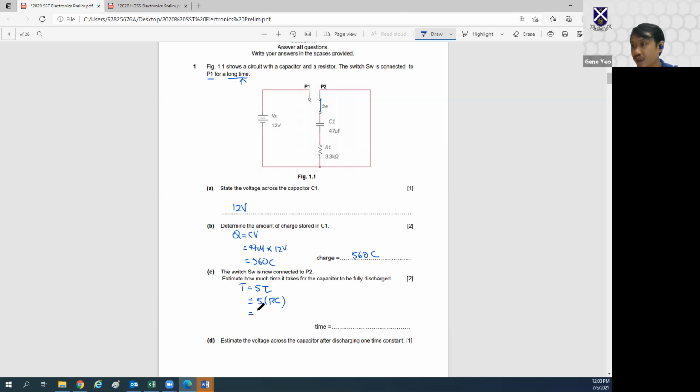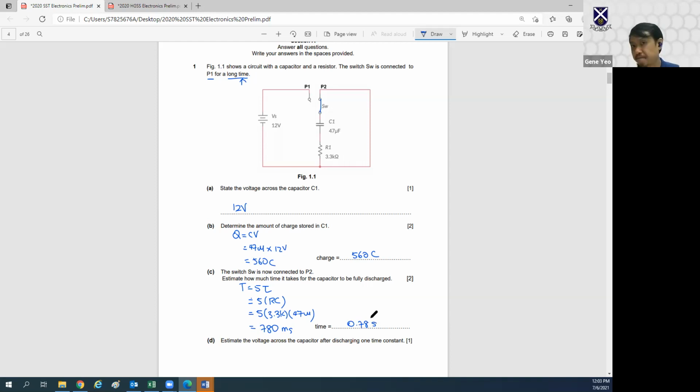Knowing this, the value of R is 3.3 K, C is 47 micro. Press your calculator and you should get 780 milliseconds.